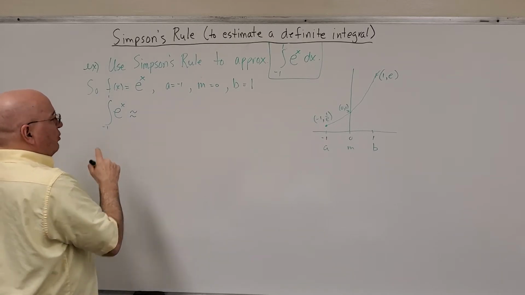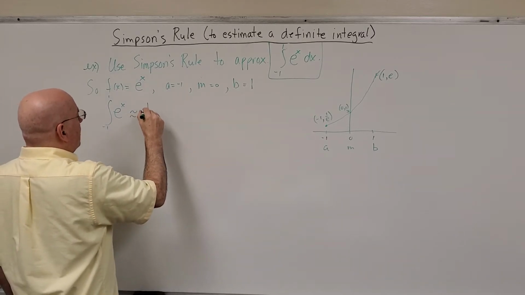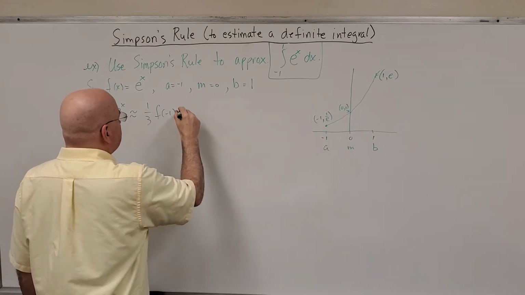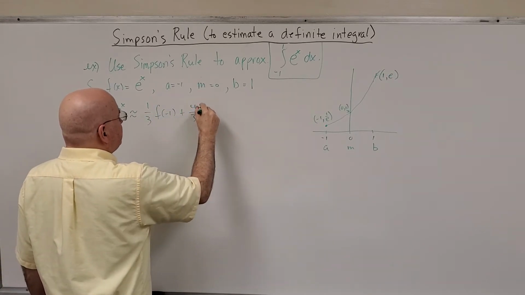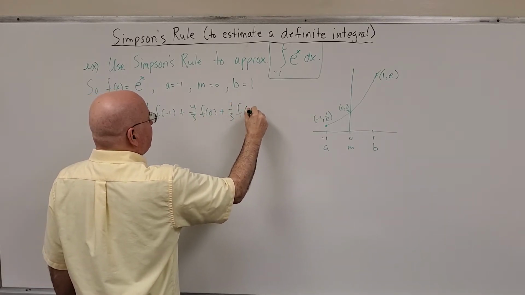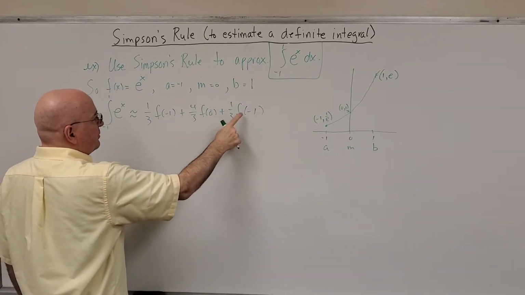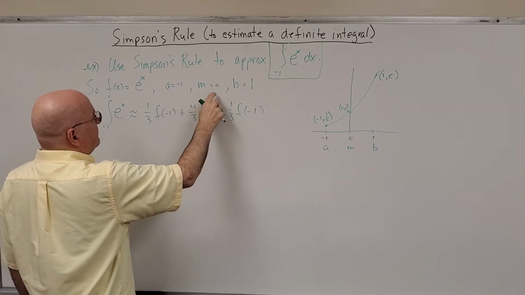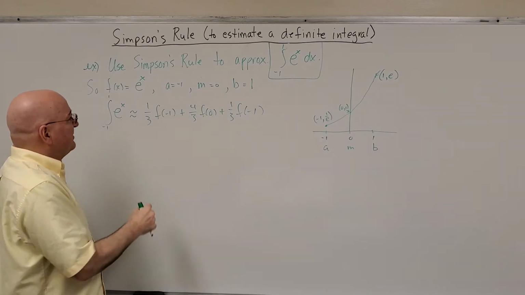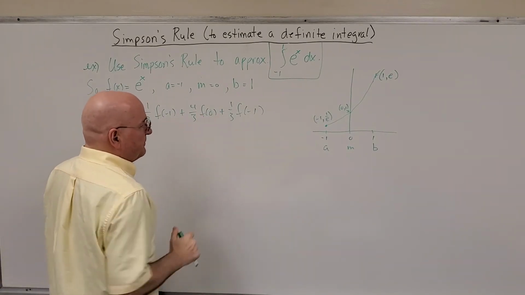According to Simpson's rule, this is going to be approximately 1/3 of f of -1 plus 4/3 f of 0 plus 1/3 f of 1. The -1, 0, and 1 are just A, the midpoint, and B. And then Simpson's rule magic numbers are 1/3, 4/3, 1/3.